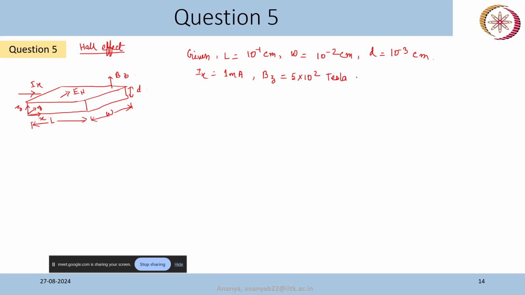This is the unit of magnetic field. And Hall voltage is equal to minus 6.25 millivolt. So this is Hall voltage. Okay. So the question is to calculate the majority carrier concentration.